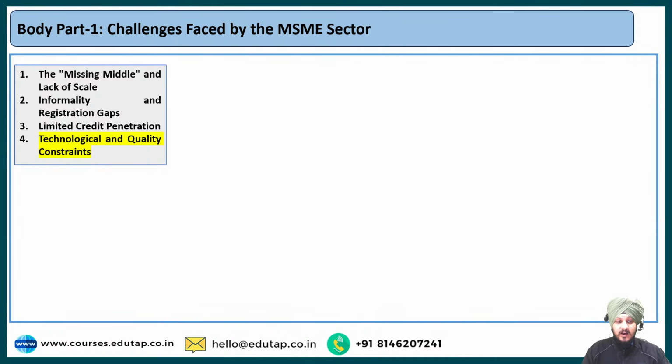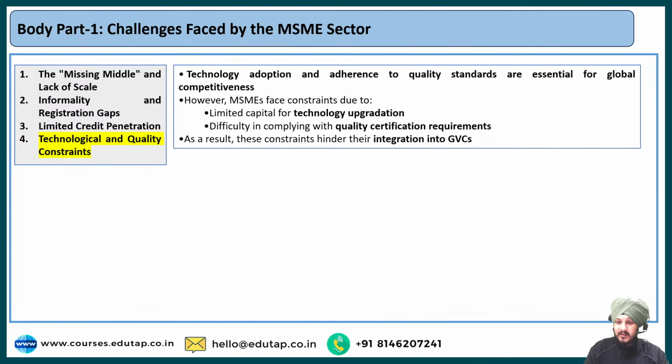The next one is regarding technological and quality constraints. This is very easy to understand: technological adoption is very slow, very poor, right? And because of this, what happens? They are not able to compete in the international markets, in the global market. Forget about the international market. Even in the domestic market, the small firms, the small companies, are not able to compete with the big sharks because of the lack of technological adoption, right? So that is itself an important issue.